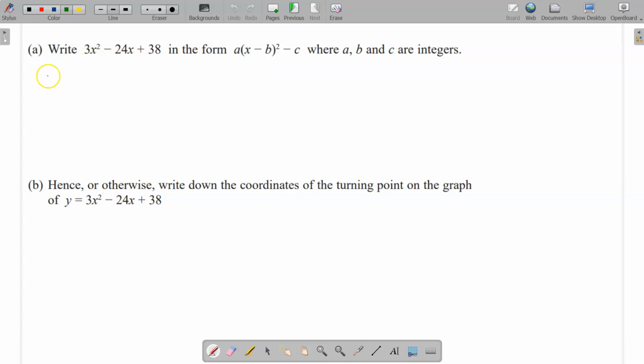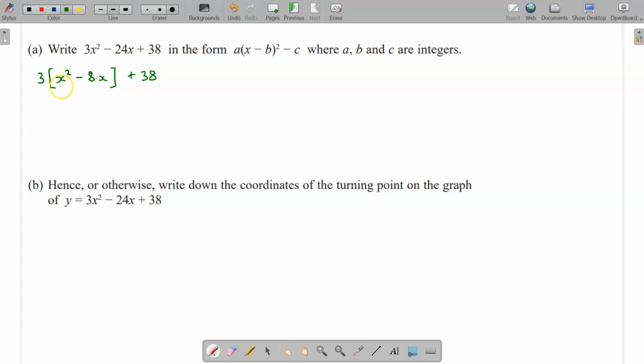So I'm going to write this initially as 3 lots of x squared minus 8x. Okay, but I'm going to leave the plus 38 out of it. So I'm just taking the factor of 3 out of the first two terms only.